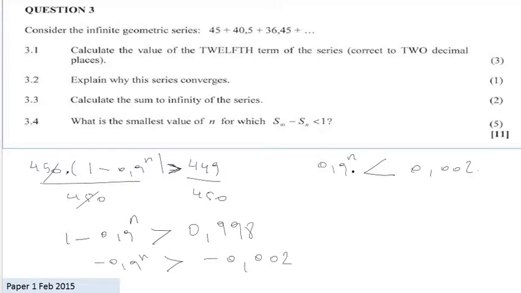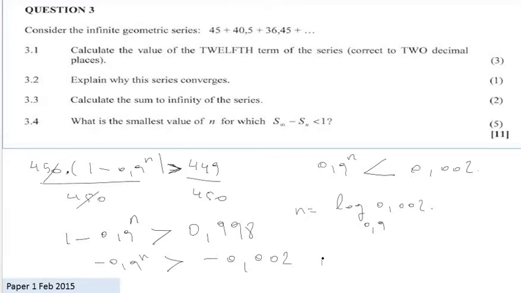So now, to determine the value of n, we need to involve the logarithm, to make the exponent subject of formula. So to get the value of n, we are going to say n is equal to log of 0.002, and then we are going to use the base, which is equal to 0.9.